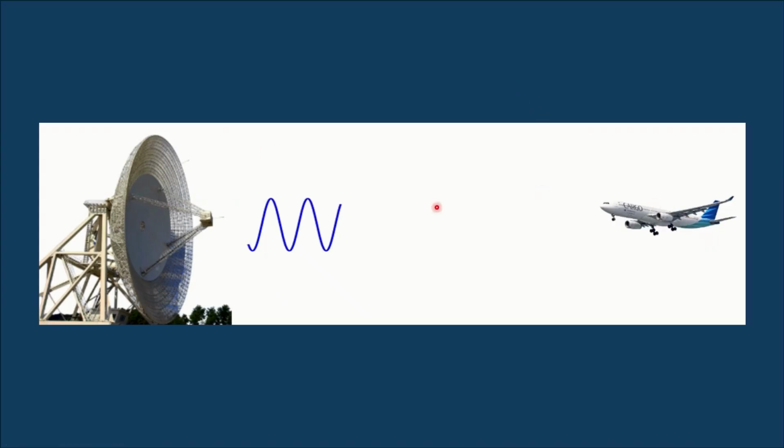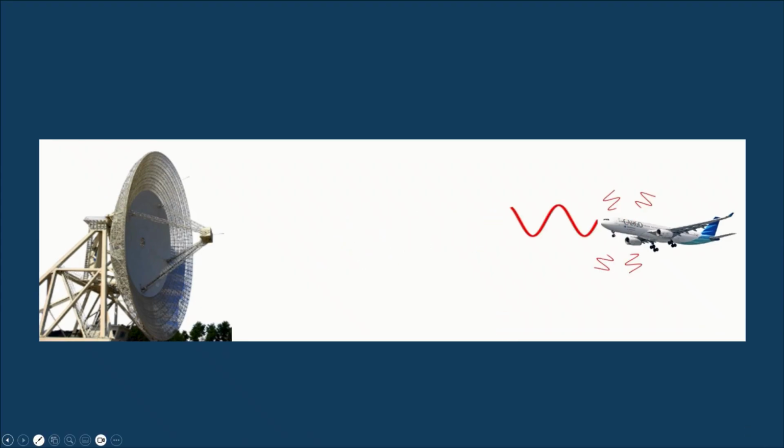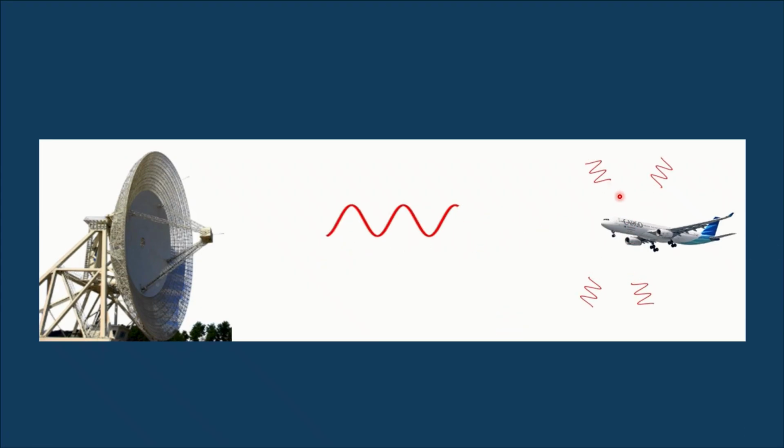When there are any targets in the direction of propagation of this wave, depending upon the size, shape, material and orientation of these targets, the wave will be scattered in different directions. Some of the waves will be absorbed by the material and some will be scattered in different directions. So it completely depends upon the target size, shape, orientation and material.